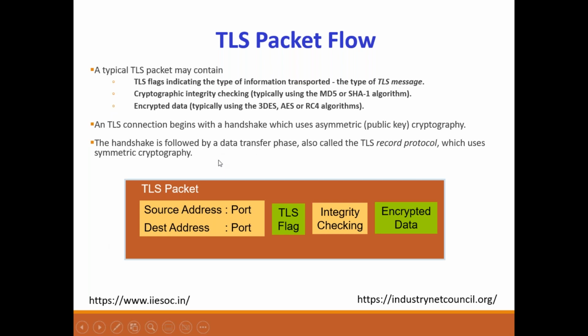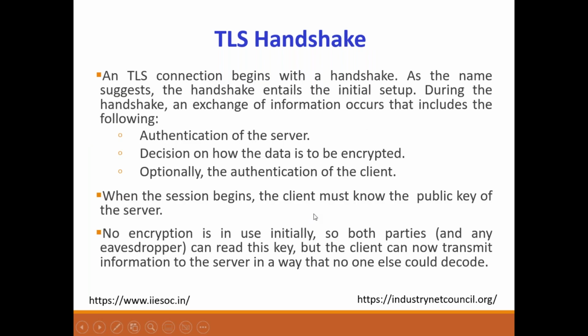So let's look and see what happens. You first have a handshake phase, and then you have a data transfer phase. The connection starts with the handshake, and you do the initial setup. During that, you ask: am I talking to the server that I want to talk to? How are we going to talk to each other? Which cipher suite are we going to use?